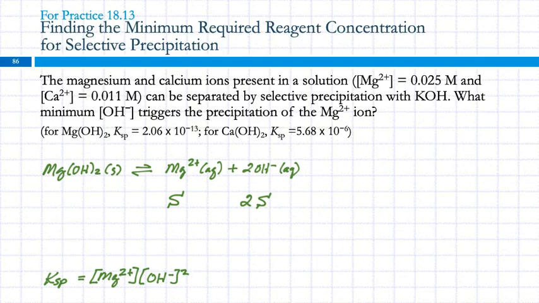And so KSP then is equal to S times (2S) squared, which is equal to 4S cubed, and that is equal to 2.06 times 10 to the minus 13. I'm sorry, I'm off on some other problem.